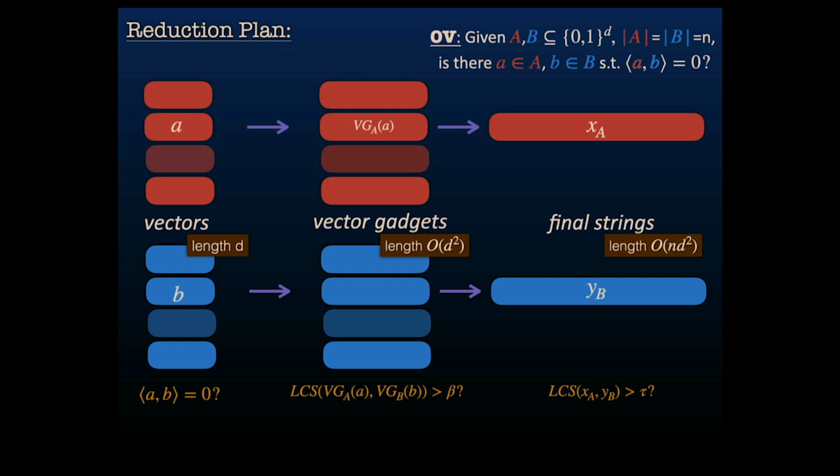So the LCS of the long strings should be large if and only if there existed a pair of gadgets that were close. There's n gadgets here, n gadgets there, and just the existence of one pair should affect the global thing. So the local condition should affect the global condition.